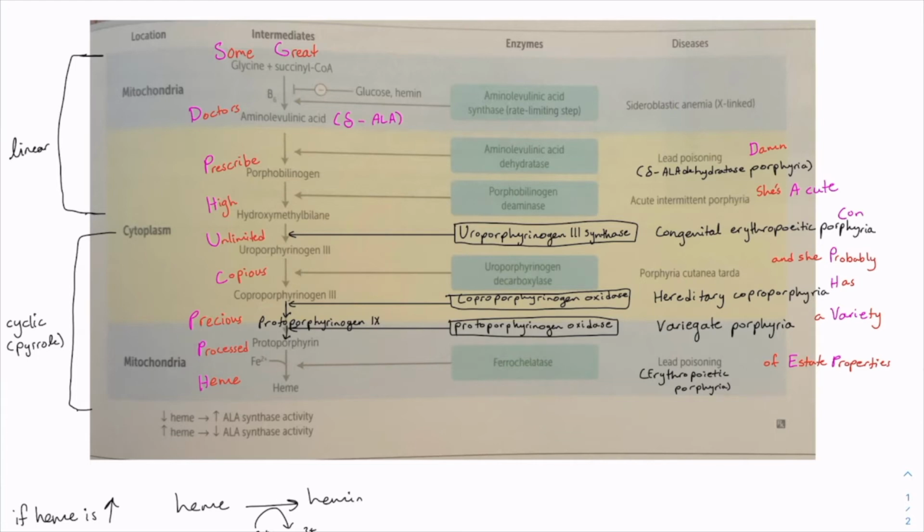Now we go back to the mitochondria where the remaining steps occur. So basically, the coproporphyrinogen 3 enters the mitochondria and it gets decarboxylated by coproporphyrinogen 3 oxidase to form protoporphyrinogen 9, which then gets oxidized through the action of protoporphyrinogen oxidase to form protoporphyrin.